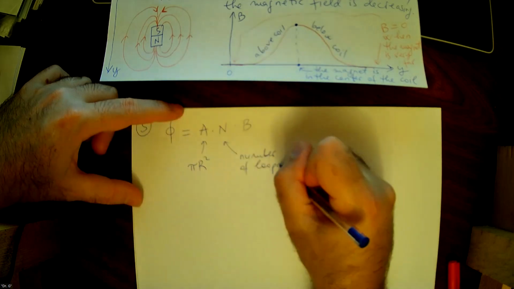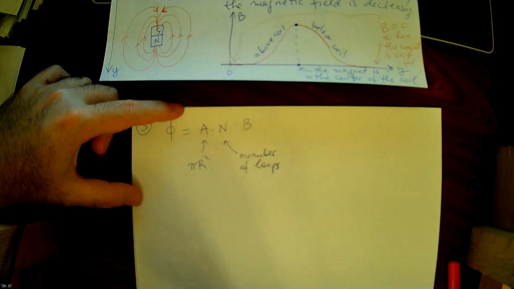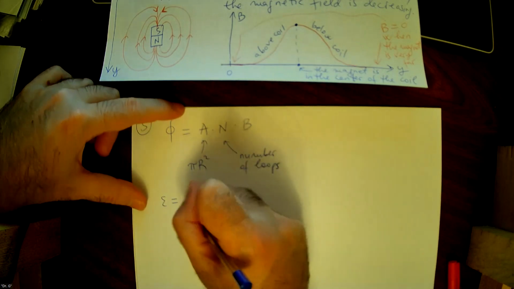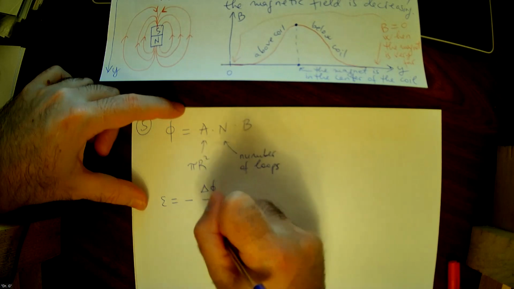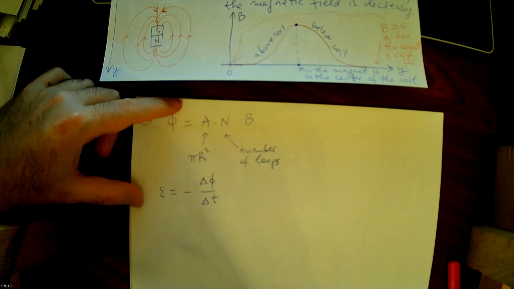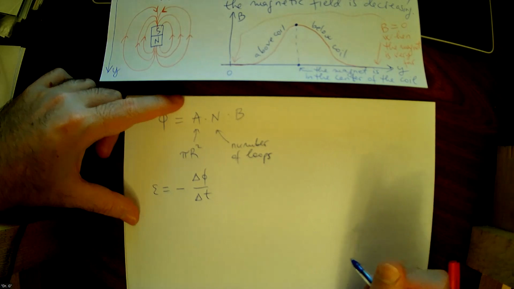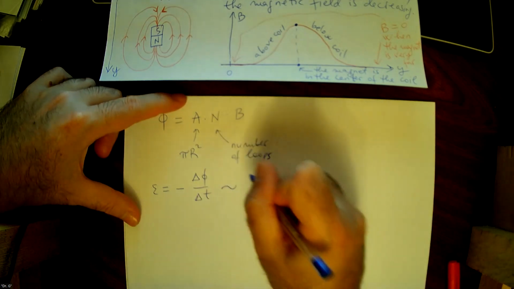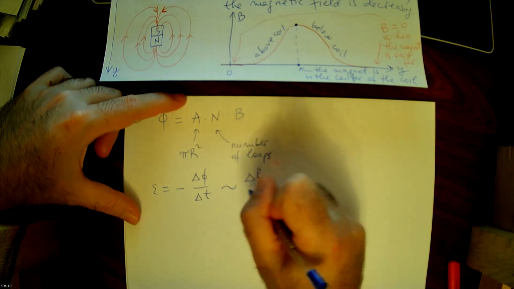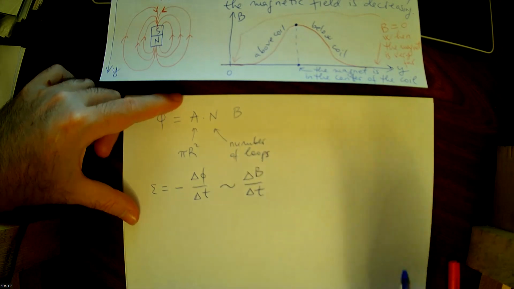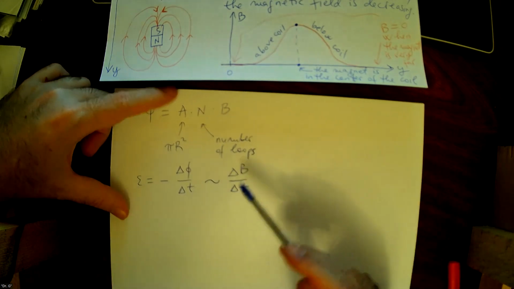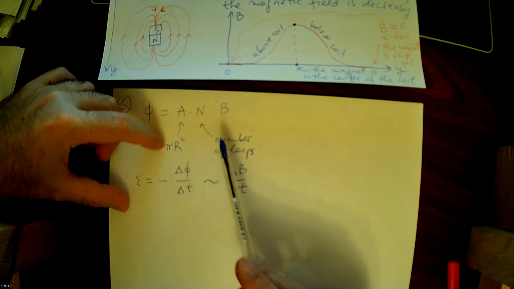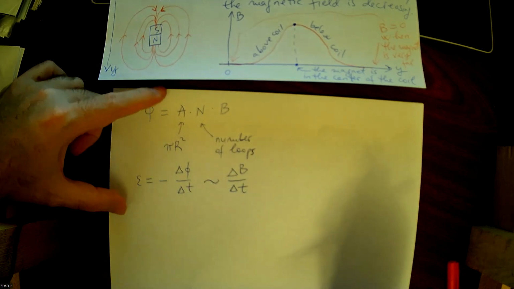And the EMF is negative delta phi over delta t, and this is proportional to delta B over delta T, the change in magnetic field over the change in time, because the area of the circle is constant, the number of loops of wire in the coil is constant.